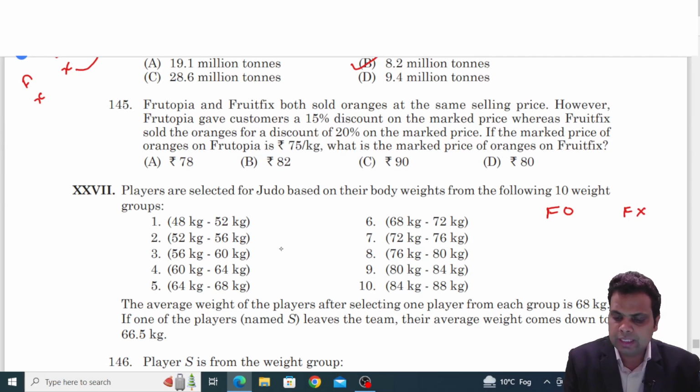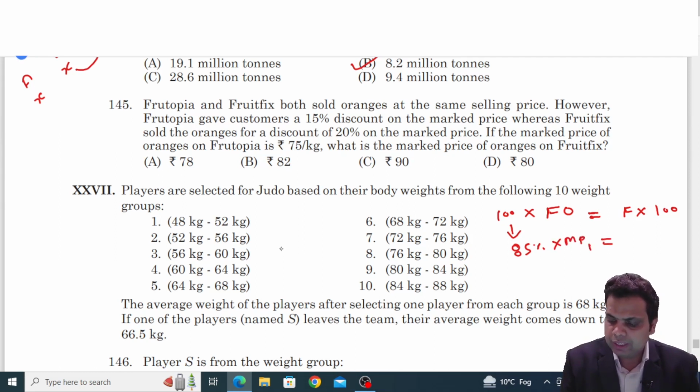Let their mark price be 100%. Correct? Now, both sold oranges at the same selling price, and Fruitopia gave a discount of 15%, so it will become 85% of mark price, right? Now, Fruit Fix gave 20%, that is 80% of mark price.